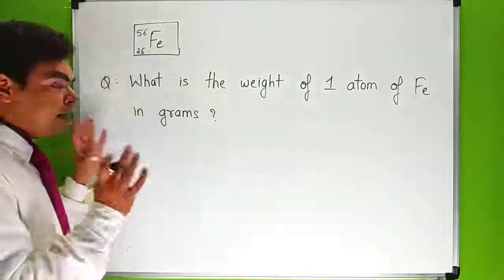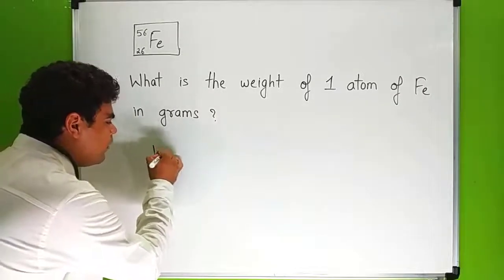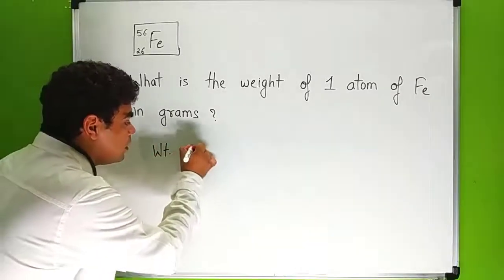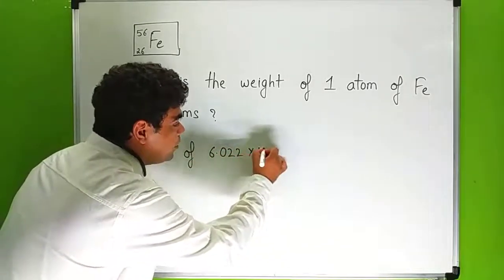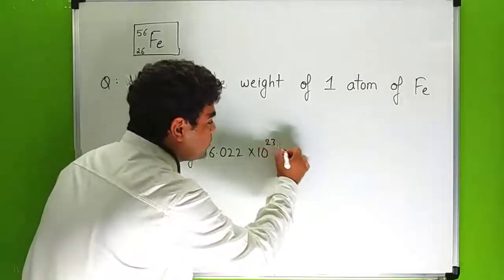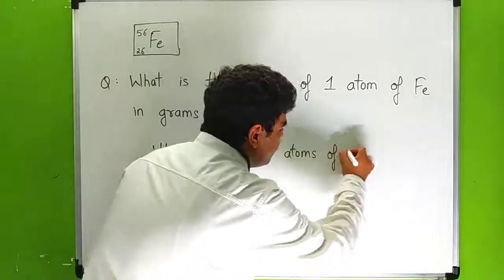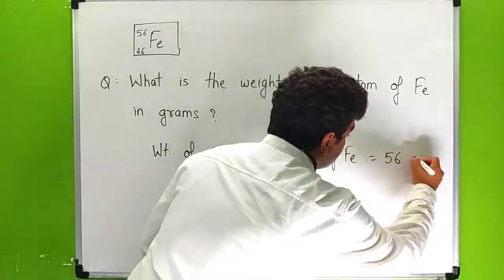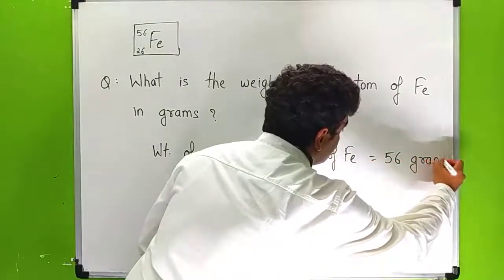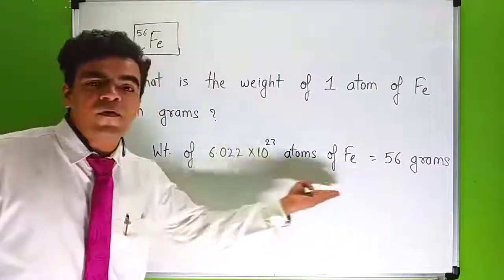So I could write the second statement in the following form. Weight of 6.022 into 10 to the power 23 atoms of iron is 56 grams. That is the weight of these many atoms of iron.